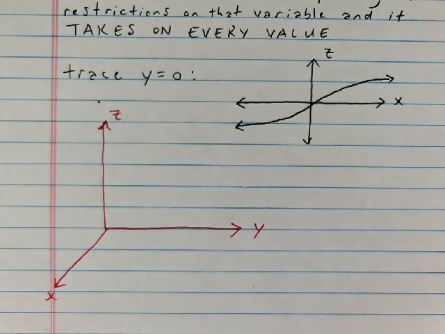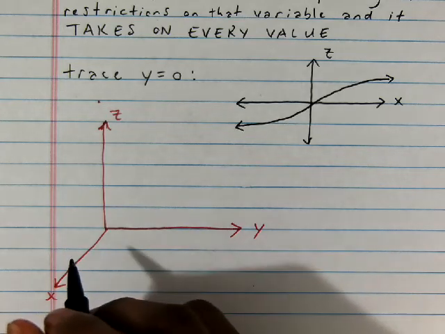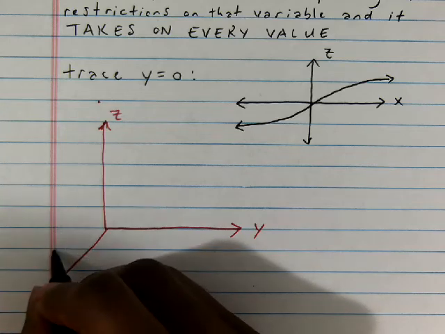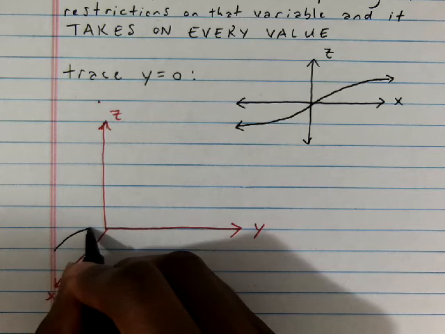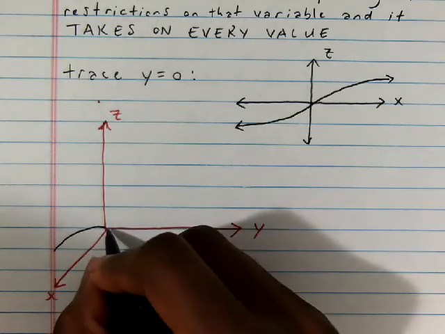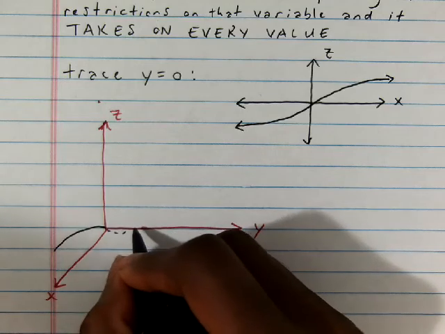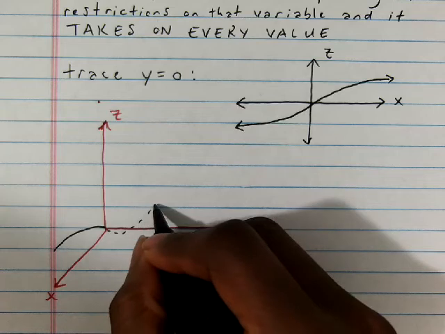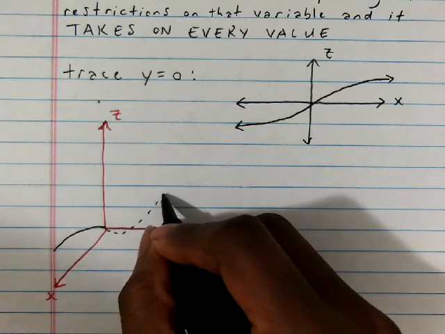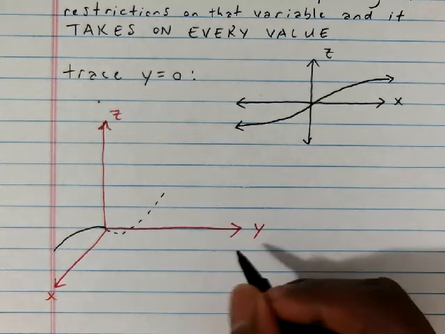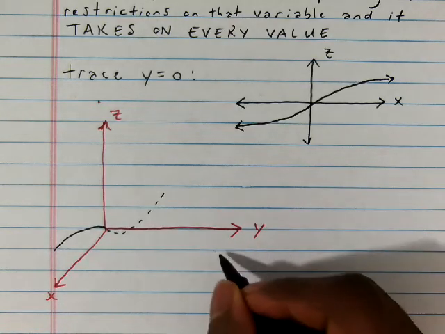So let's sketch one here first. And it'll look a little dotted. I may fill this in a second, but just in case, I'm going to make it dotted for now. Remember, don't put arrows on your 3-dimensional sketch. And I'm going to sketch the same thing over here.